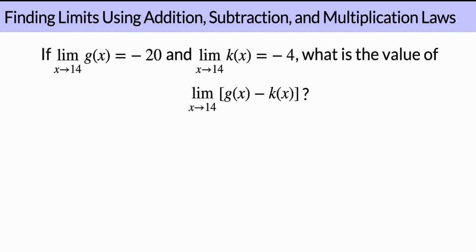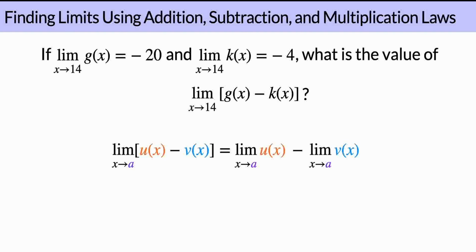If the limit of g of x as x approaches 14 equals negative 20, and the limit of k of x as x approaches 14 equals negative 4, what is the value of the limit of g of x minus k of x as x approaches 14? Here we can apply the subtraction law.